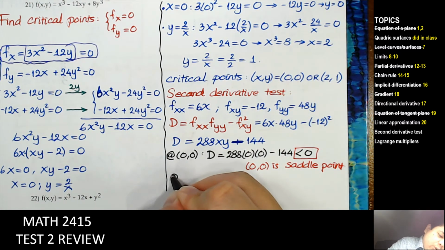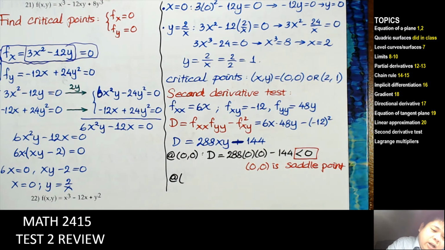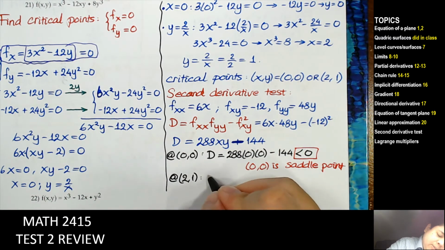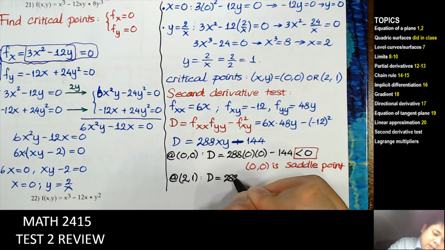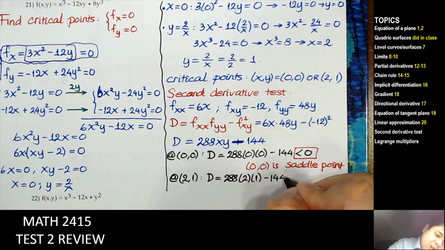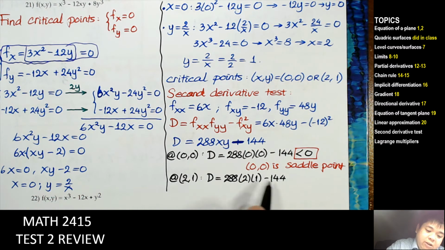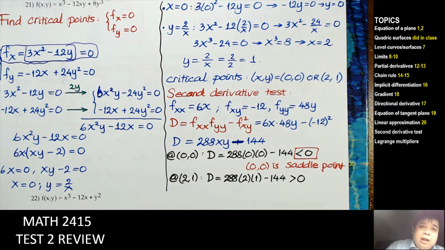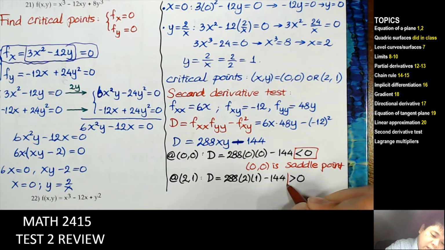And now we go to x equal to 2, y equal to 1. We're going to put 2 in for x and 1 in for y. So that looks like positive. Now if it's positive, it is either max or min.